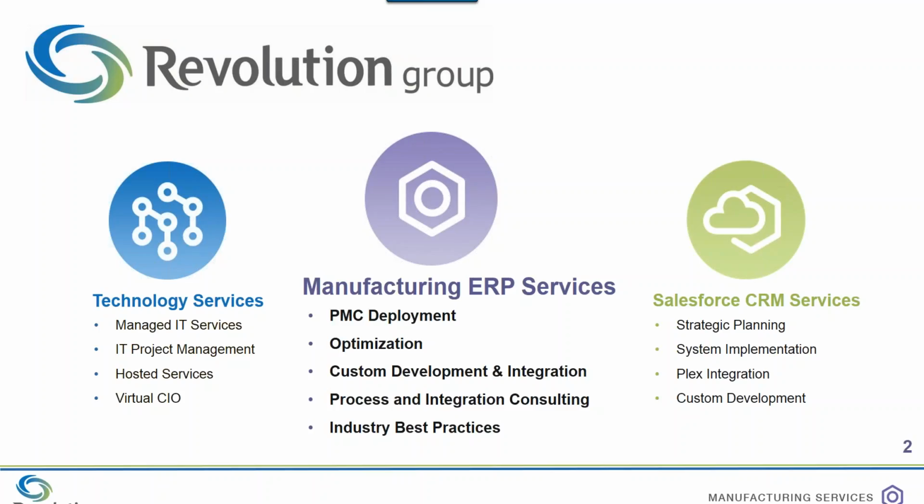We have 18 or 19 consultants on our manufacturing ERP services team. We focus on PMC, Plex Manufacturing Cloud deployment. We do optimizations of deployments that have been in place for a while, to come back and do a refresh or a rethink, for customers that we have deployed and also customers that were not deployed by us.